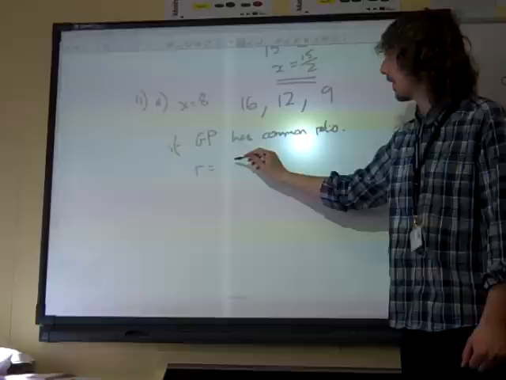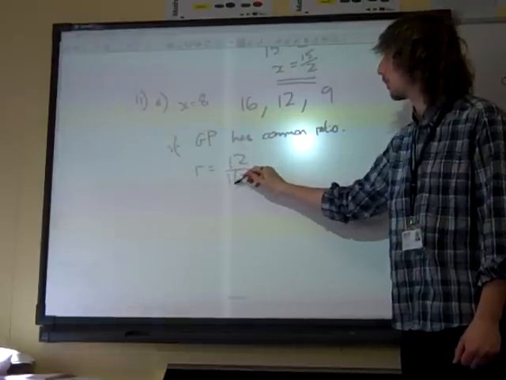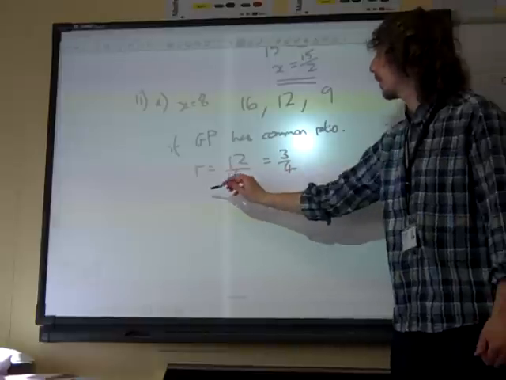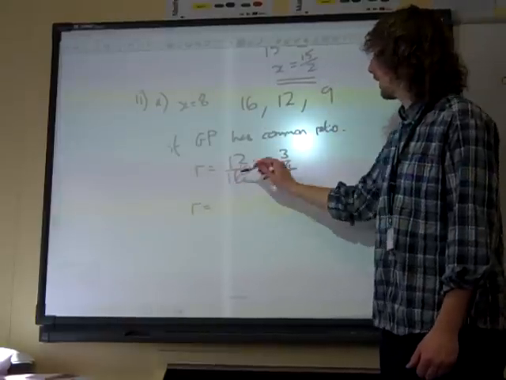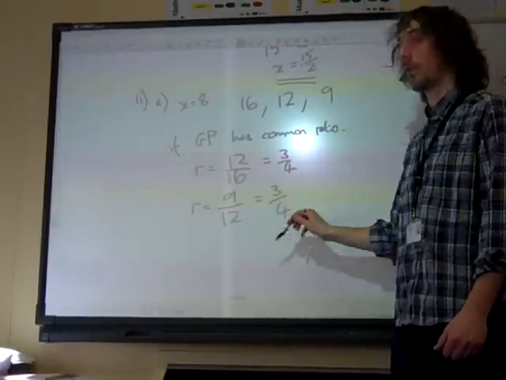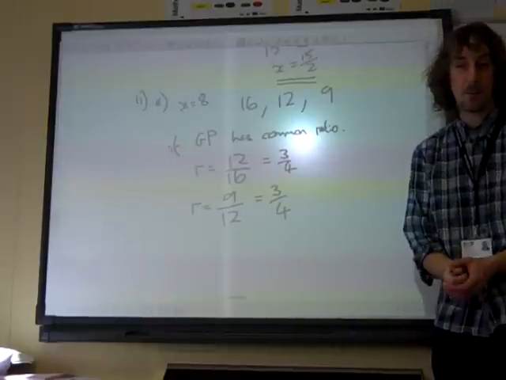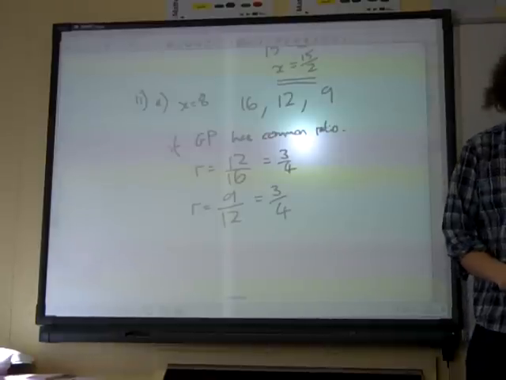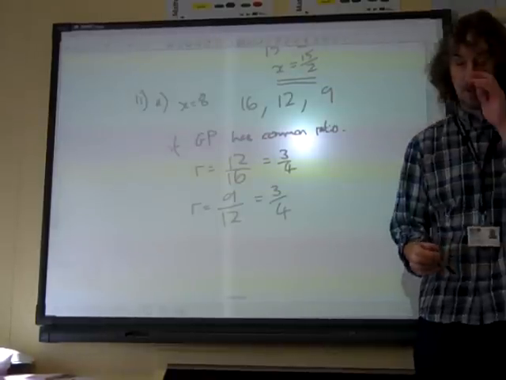So 12 divided by 16, which is 3/4. And r is 9 divided by 12, which is also 3/4. And because we've got the same common ratio between those two as we did between the first two, we've shown that it is a GP.